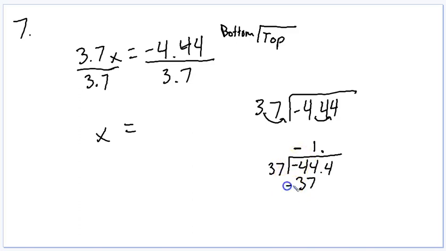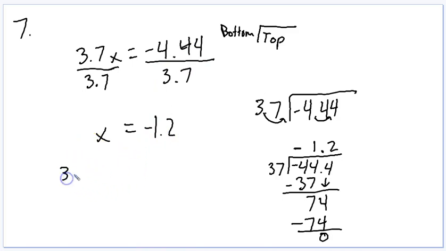Forget the negative for right now. 44 minus 37 will be 7. And then bring down the 4. 74. 37 goes into 74 twice. 0. Perfect. My answer will be negative 1.2.